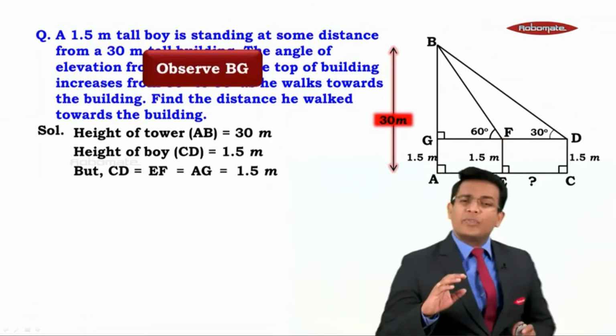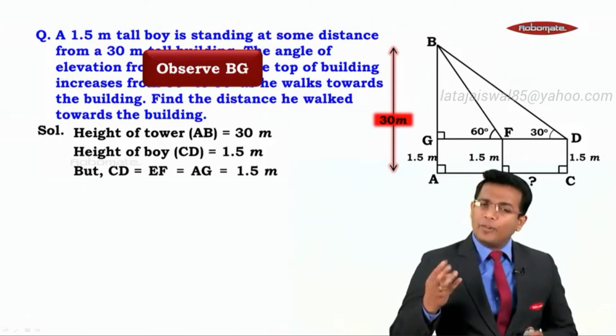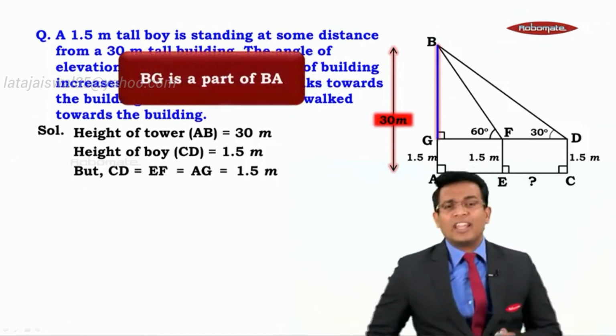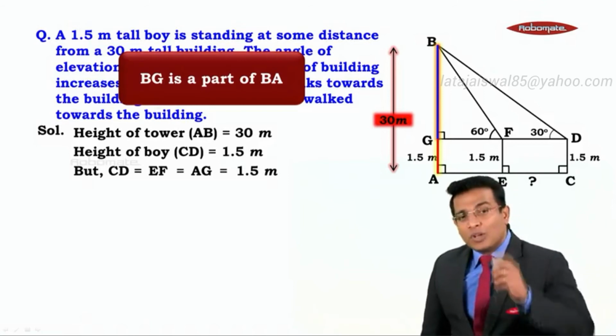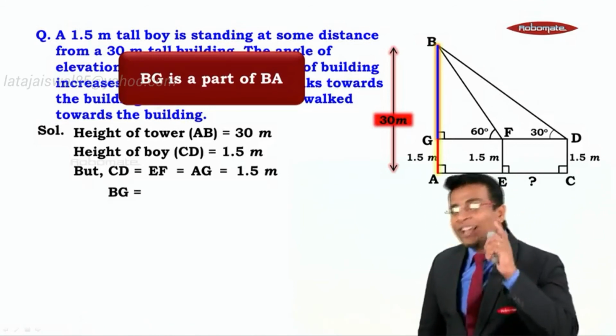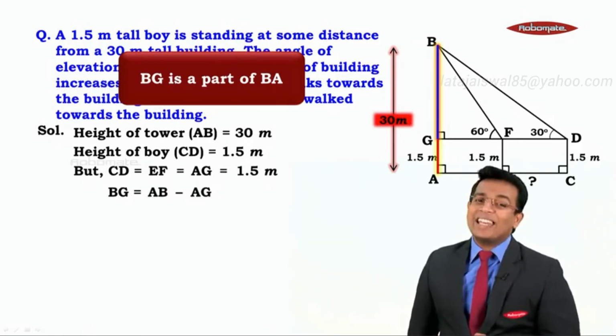Now observe very carefully. Before we get into EC, observe one thing. If you observe BG there, isn't it a part of AB? Some information which we can gather from the given information. Because we know the length of AB and the length of GA, we can find the length of BG, because BG is equal to AB minus AG.